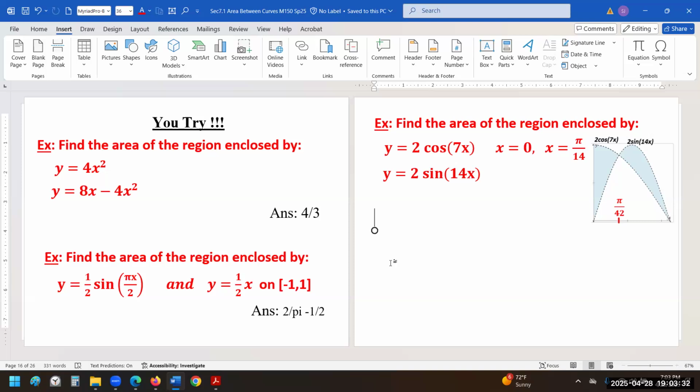So you have 1/2 times 2/5. The 2 and 2 cancel out. So you have 1/5. And what is the integral of sine? So in this case, 5x.